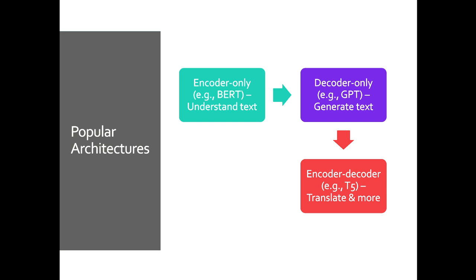Take a sentence like the cat sat on the mat. Now imagine hiding a word: the cat sat on the blank. The model's job is to guess the missing word. By doing this over millions of sentences, the model starts to understand grammar, word relationships, and even some world knowledge. This task is known as masked language modeling, and it's one of the most common pre-training techniques, especially used in BERT.